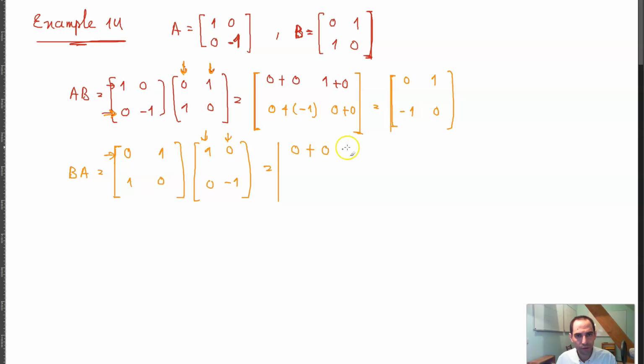Coming to this column, 0 times 0 is equal to 0, 1 times negative 1 is equal to negative 1. And then over here and here, I have 1 times 1 is equal to 1, 0 times 0 is equal to 0, and 1 times 0 is equal to 0, and there you have your matrix, which is equal to 0, negative 1, 1, and 0.